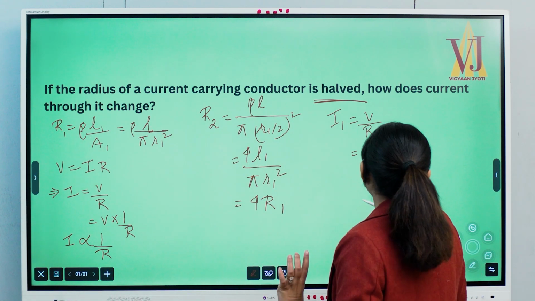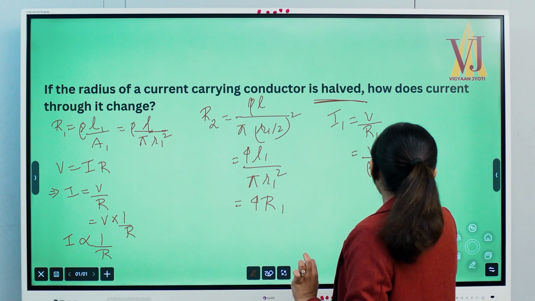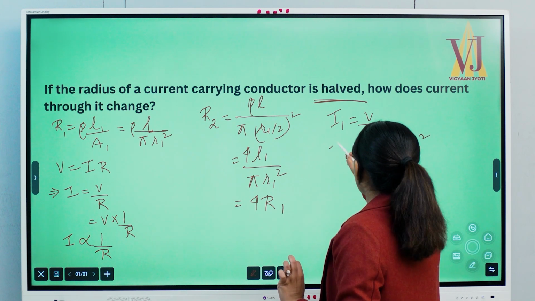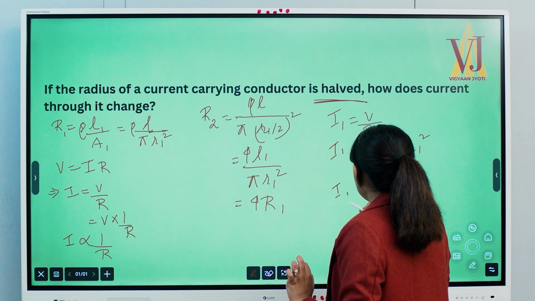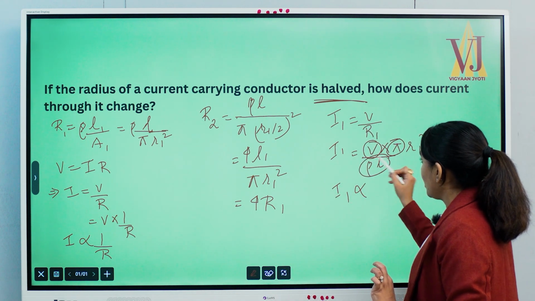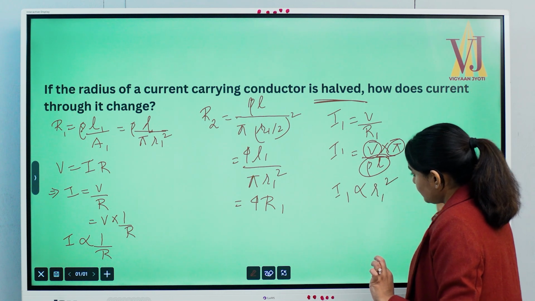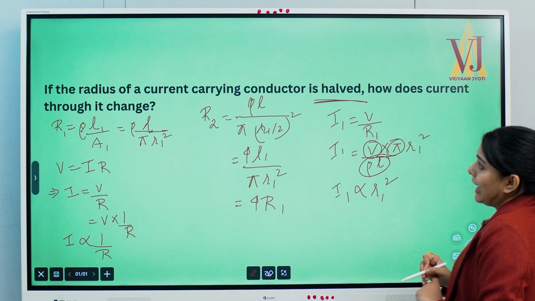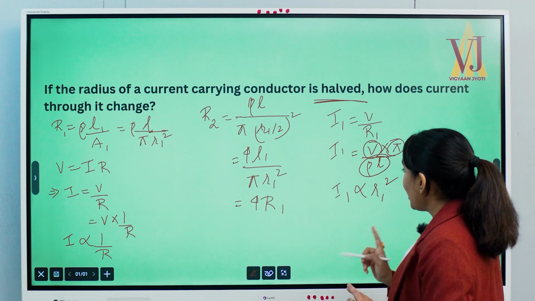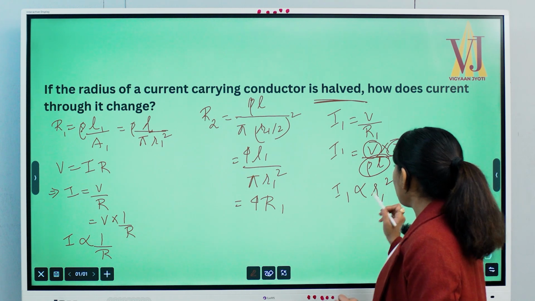Here everything is the same. Rho L, and it will be pi R1 square, right? So my I1 is directly proportional to R1 square, since this is constant and these two are also constant. That means if I want to find it for R2, now what happens?